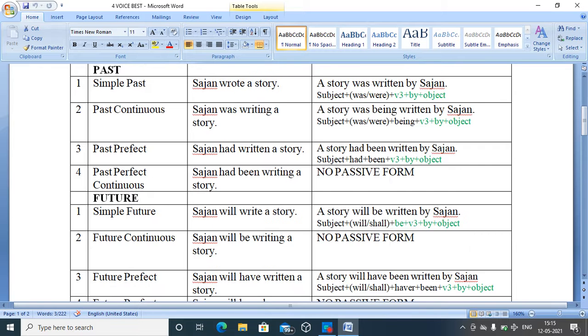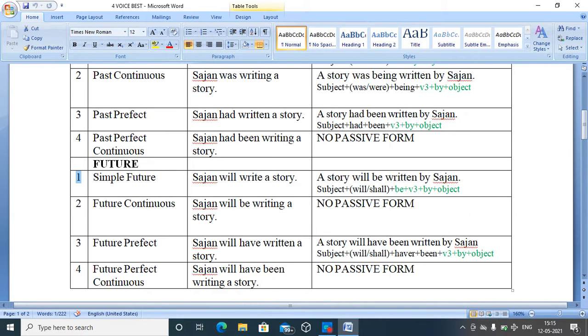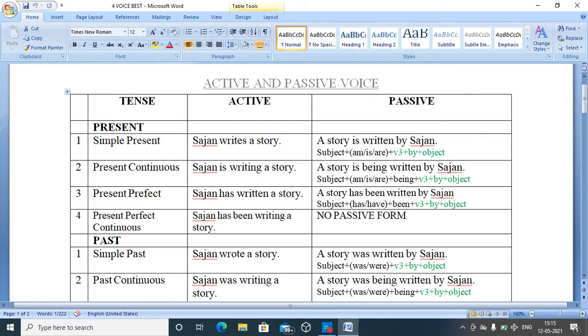In the same way, in future tense, we have to think about the first and the third tense forms as having passive form. Otherwise, the second and the fourth one do not have passive form. So even if we are just taking the formation rule, it will be fine. Only that much is to be remembered.